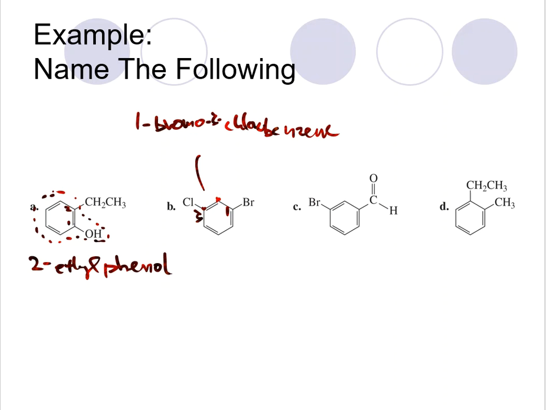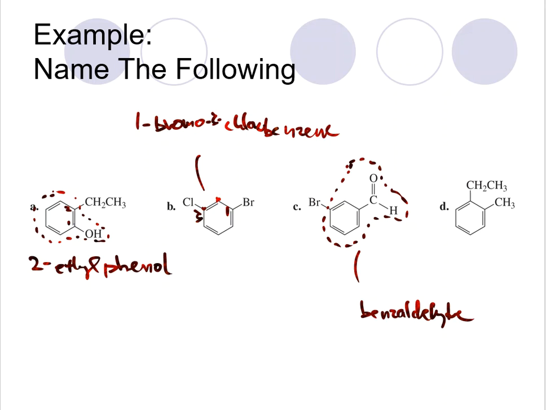Next is C. Oh no. What do we have with C? Well, I see the C double bond O H group. Okay, well, that's an aldehyde. And if you go back and take a look at those common names that I told you to keep in mind, you're going to be able to kill 2 birds with 1 stone yet again. We're going to be able to take care of the benzene and the C double bond O H group in one fell swoop, because I know from that list that this thing is called benzaldehyde, right?